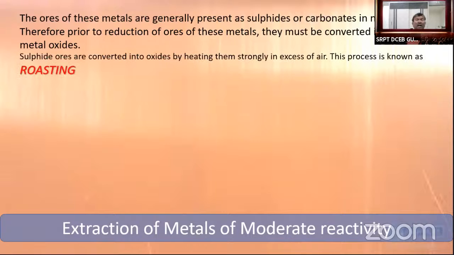So for oxidizing these carbonate and sulfide ores, they are converted into oxides by heating the ores strongly in excess of air. In the presence of air, the oxidation is done. This process is known as roasting. What is roasting? Oxidizing the ore in the presence of air is known as roasting.